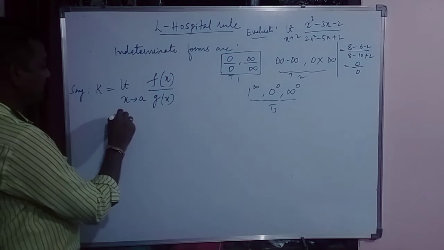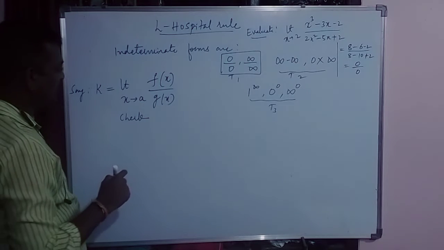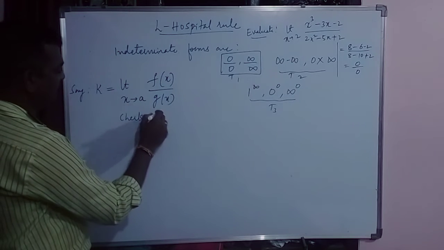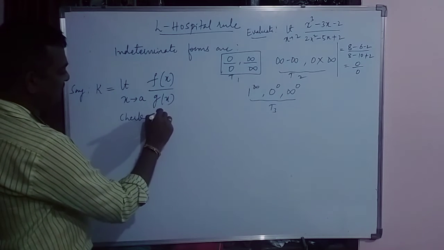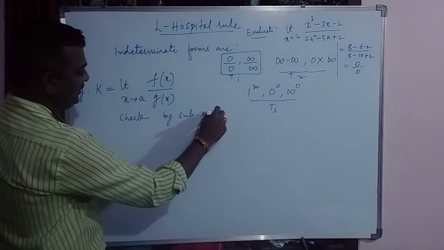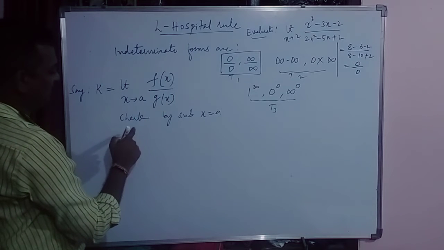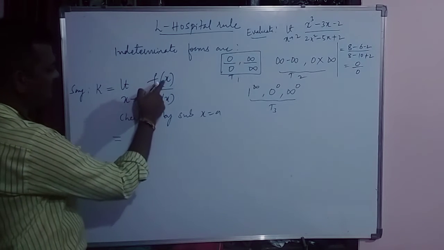Then you must check whether it will take indeterminate forms or not. Check by substitution of x equal to a. Look at here, students, by substitution of a, what will you get?